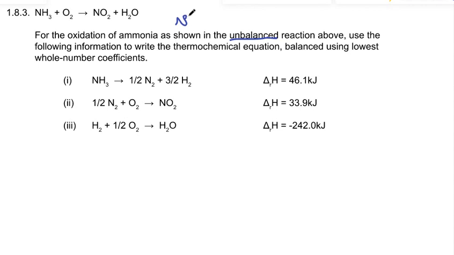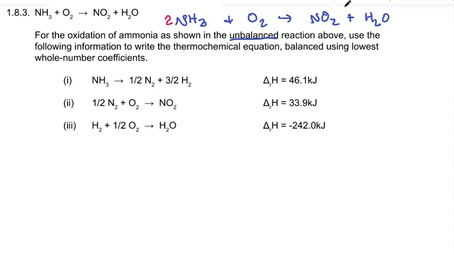I'm just going to write this again so I have room to put coefficients on it. NH3 plus O2 arrow NO2 plus H2O. Okay. Nitrogen is 1 to 1. That looks good. Hydrogen 3 to 2. Not so good. We can take both of those to 6.